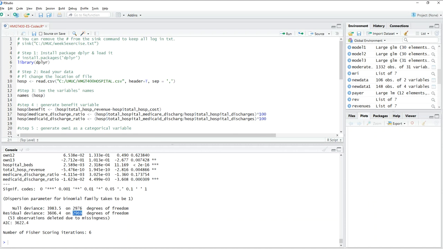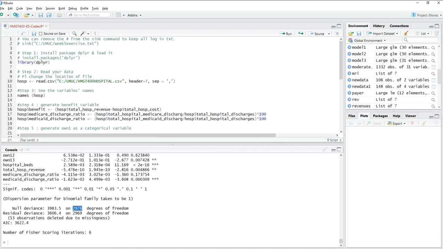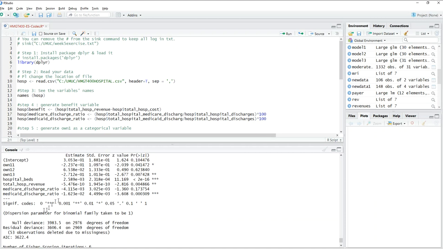You can get this one, 2969 plus number 7. You can get these numbers plus number 1, because it's n minus 1, because it's reported for degrees of freedom. The formula is n minus k minus 1.